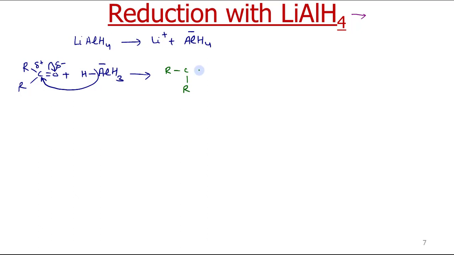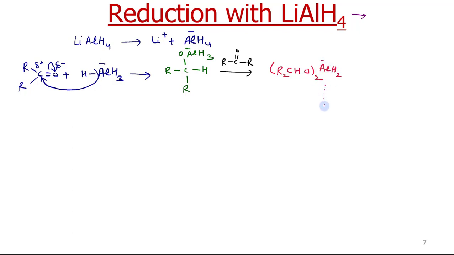So the product will be R2CHO, Al, H3 negative. Now, as we have already seen in the case of sodium borohydride, it can further react with another carbonyl molecule and the product will be (R2CHO)2AlH2 negative. The mechanism is exactly the same.